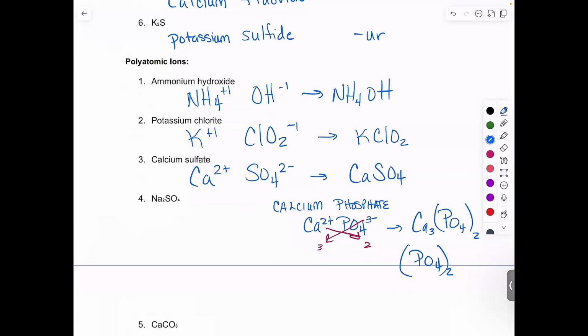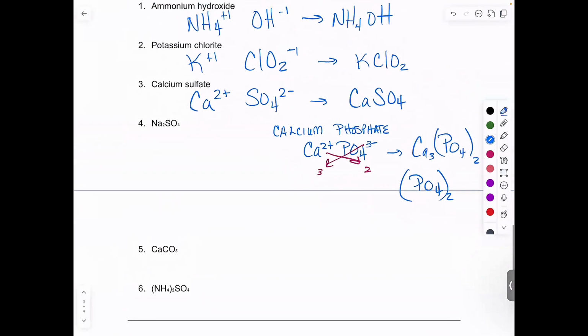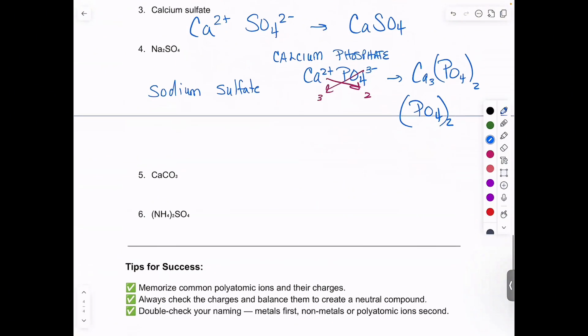All right, on the home stretch again, we have formula to name. Na2 is sodium, and we know SO4 is our good old friend sulfate. Sulfate's popular, you'll see that a lot. Calcium paired with CO3. So Ca is calcium, group 2.